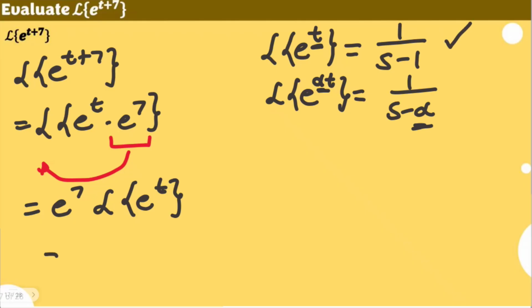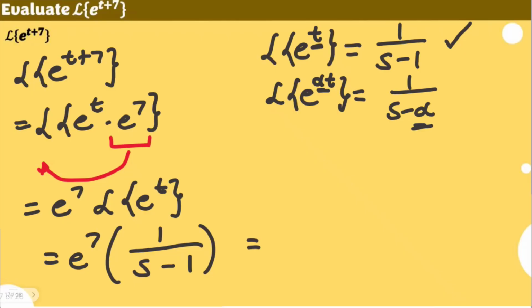So this is equivalent to e to the power of 7 times 1 over s minus 1. Basically, the result here is simply e to the power of 7 over s minus 1. This is the Laplace transform of our e to the power of t plus 7.